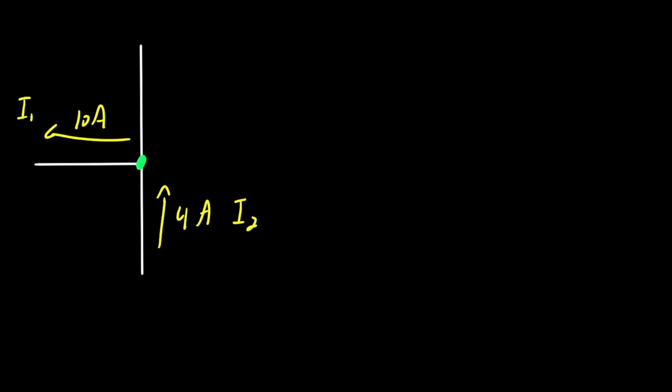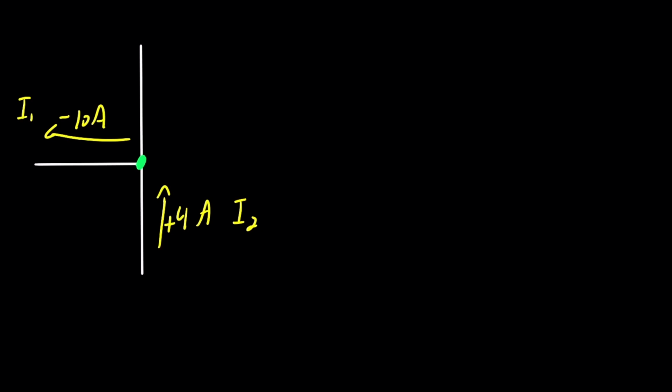And because the direction of the current matters, which one's negative? If you were to say current 1 is negative, you would be correct. As for 4 amps, because it's going into the junction, it's, well, positive. It's positive current.